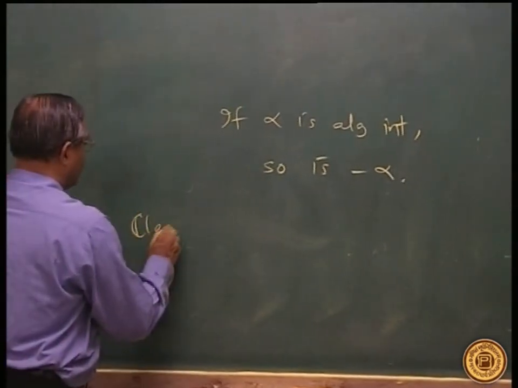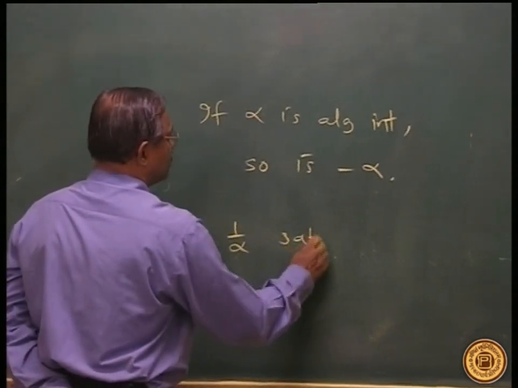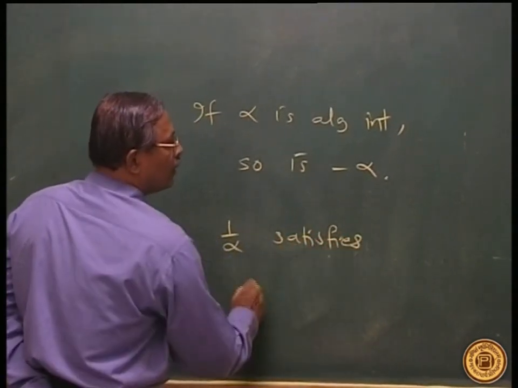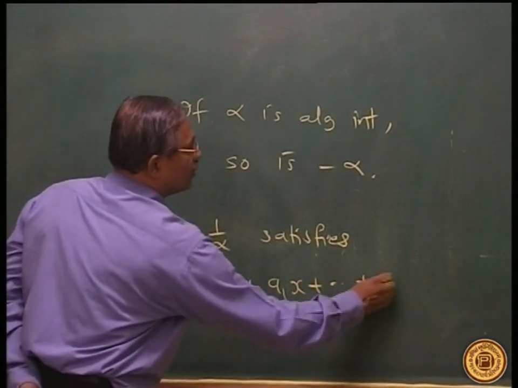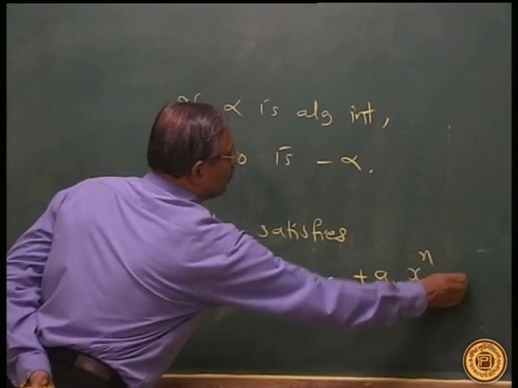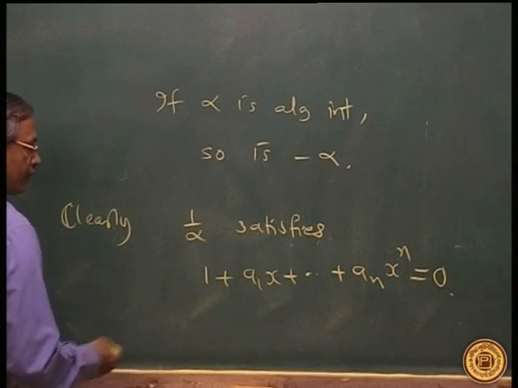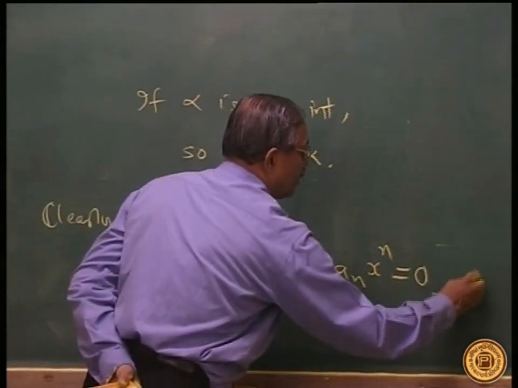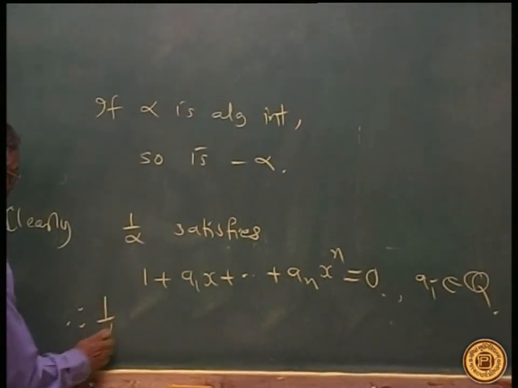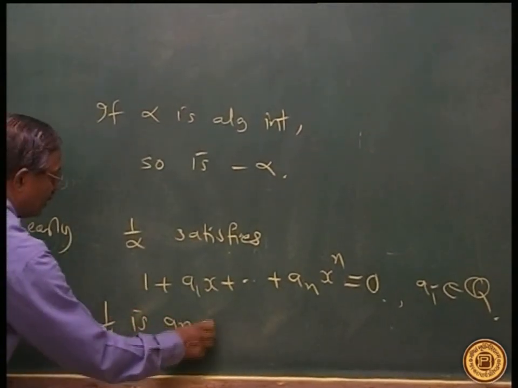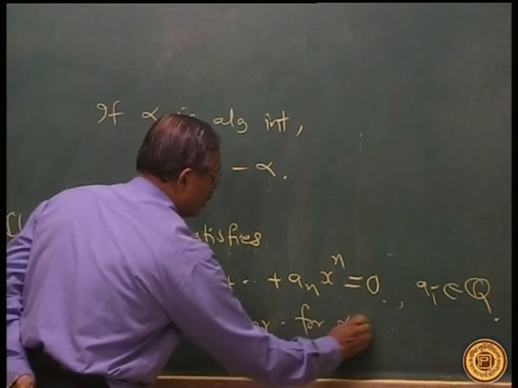Clearly, 1 upon alpha satisfies 1 plus a1 x plus etc. plus an x raised to n equal to 0, where ai are rational, and therefore 1 by alpha is an algebraic number for alpha not equal to 0.